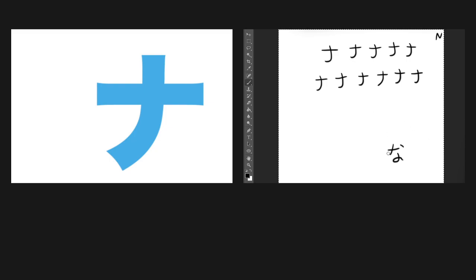So it's like the first part of the hiragana na, and then they just got rid of the rest. I don't know if that helps you. It's a little bit different, of course, but not too bad. All right, there's our nas.